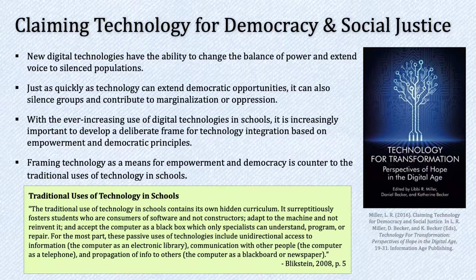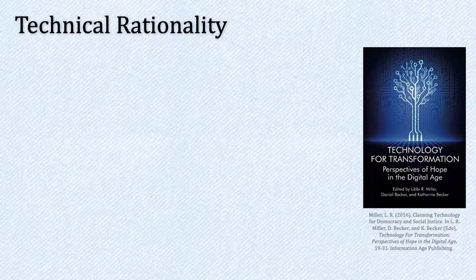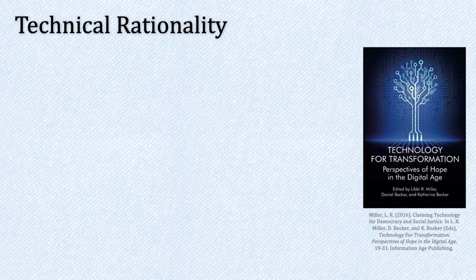For the most part, these passive uses of technologies include unidirectional access to information, unidirectional communication with other people, and unidirectional propagation of information to others. All of this is based on the idea of technical rationality. Now, what is technical rationality?